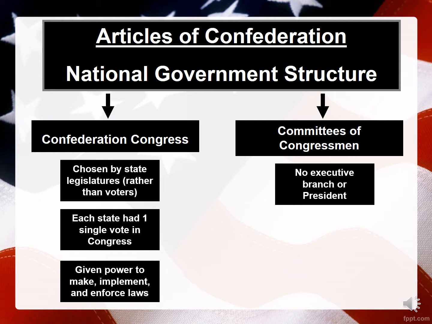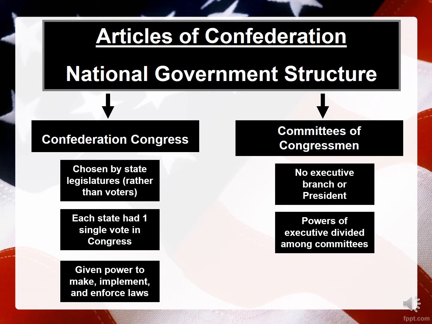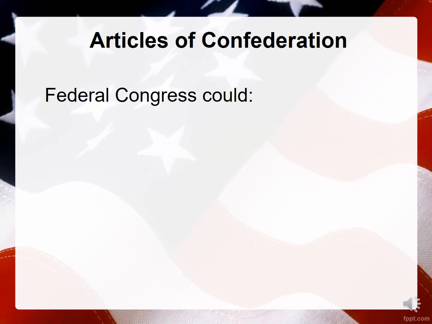So in other words, there was no executive function or group to actually enforce the laws that were being drafted by the Confederation Congress. So what they did was divide those powers of the executive, the law enforcement side of the federal government, among committees. So as you can already see, there are some potential issues facing our country under the Articles of Confederation.